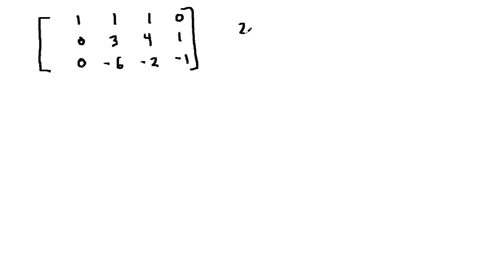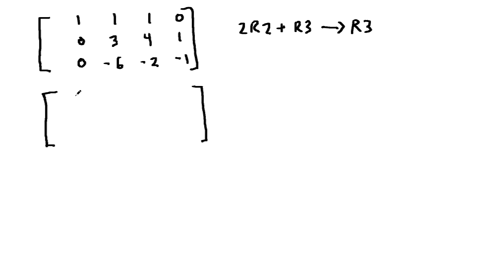So we had 2 row 2 plus row 3 to get our new row 3. That'll give us 6 minus 6, which is 0. 8 minus 2, which is 6. 2 minus 1, which is 1.